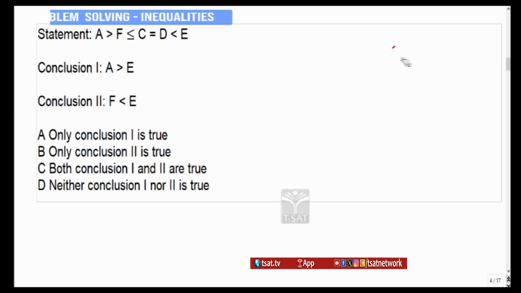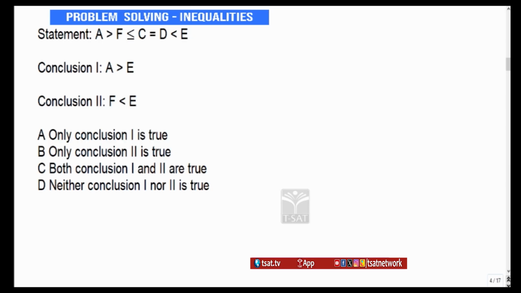So let's see one question and try to derive from this particular statement. In this statement, A is greater than F, F is less than or equal to C, C is equal to D and D is less than E. For example, the conclusion is A is greater than E. So where is A? A is here and E is here. So in this case you can say directly this is wrong. How?